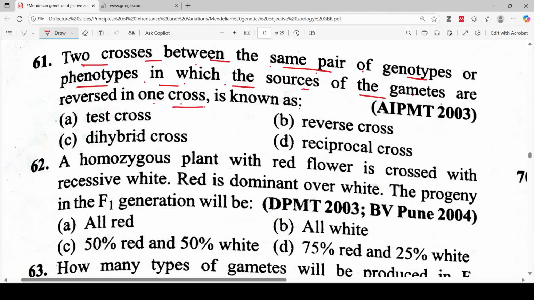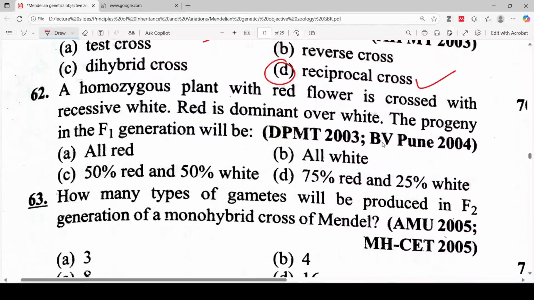So the correct answer will be option D, reciprocal cross.